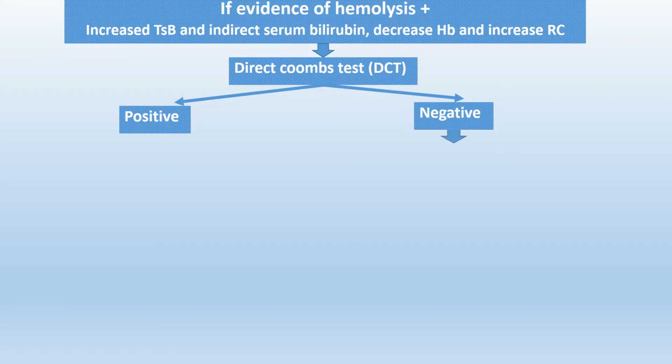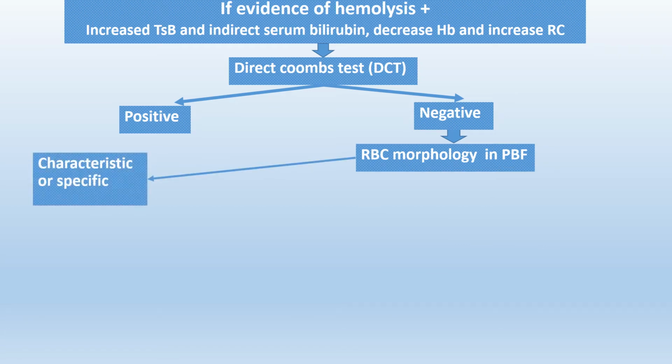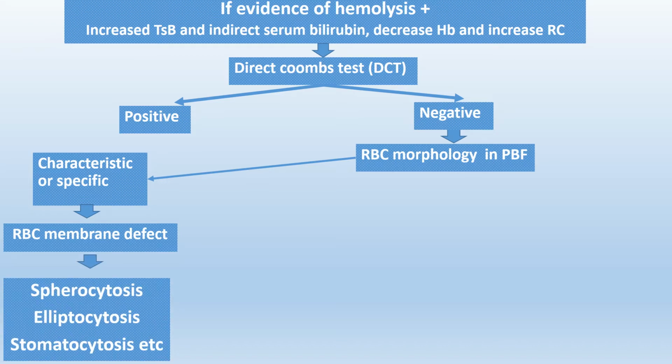If DCT is negative, then see the morphology of the RBC in the peripheral blood smear. If there is specific and characteristic RBC morphology, then we label it as RBC membrane defects. For example, spherocytosis, when more than 20% spherocytes are present in the peripheral blood film.